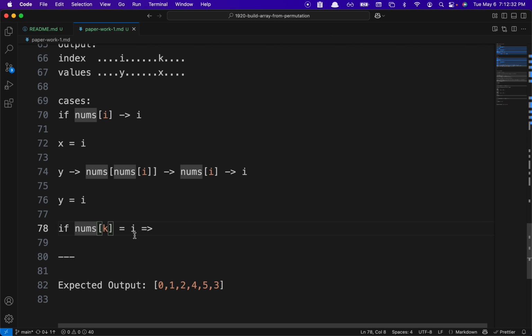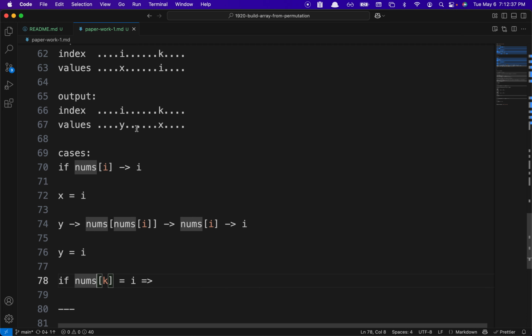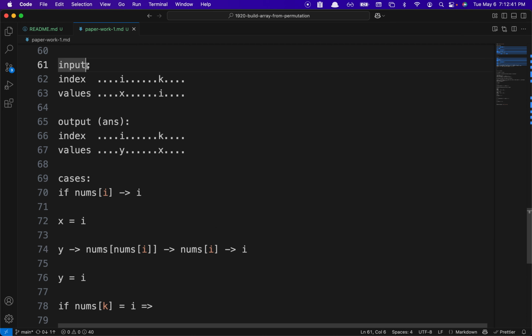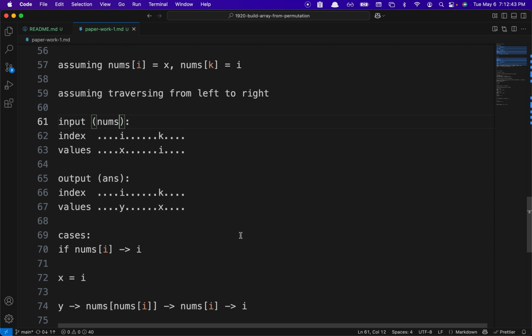So if nums of y is this, the answer basically, input is nums.